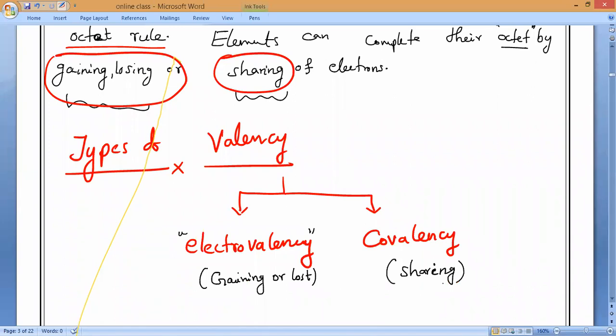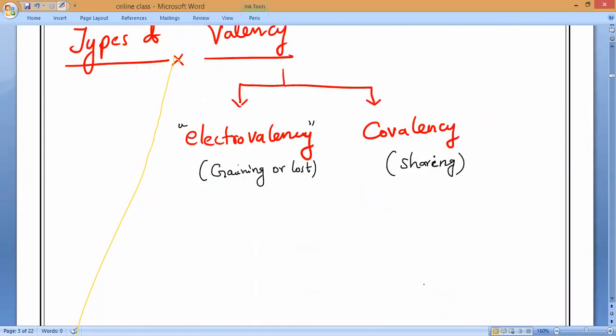Now, this electrovalency is again of two types. Not covalency, only electrovalency.